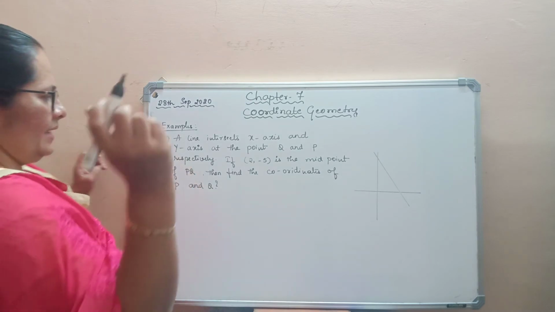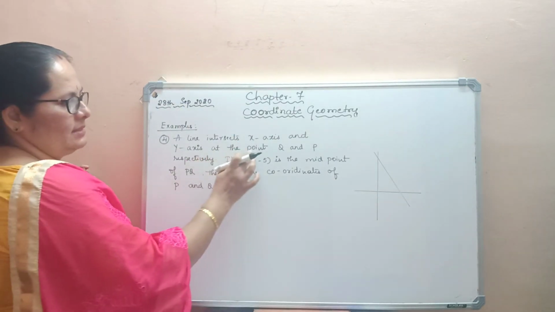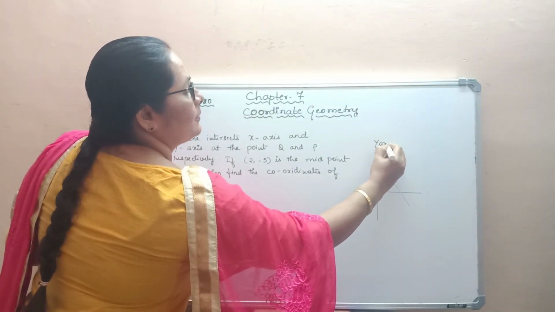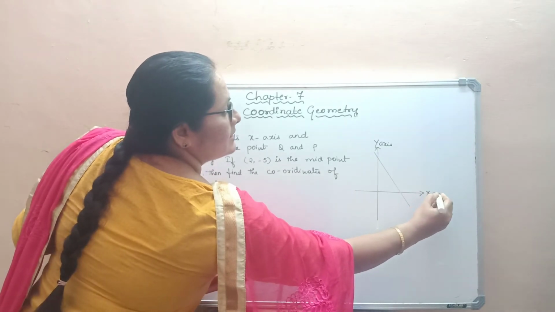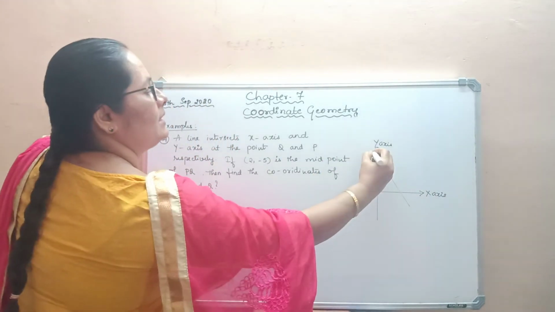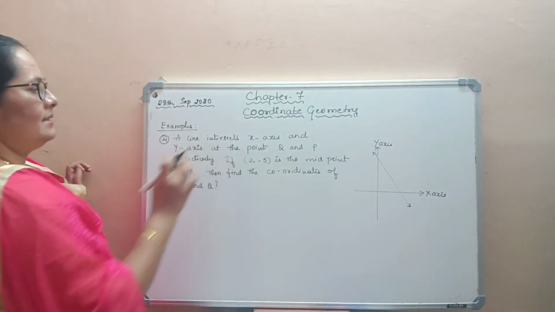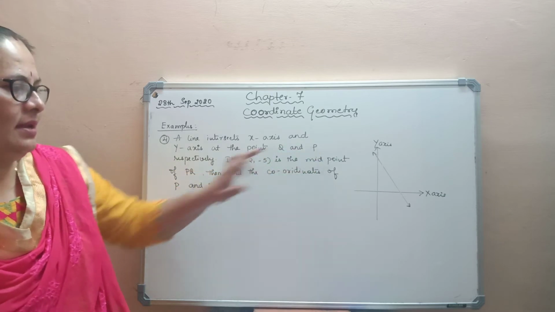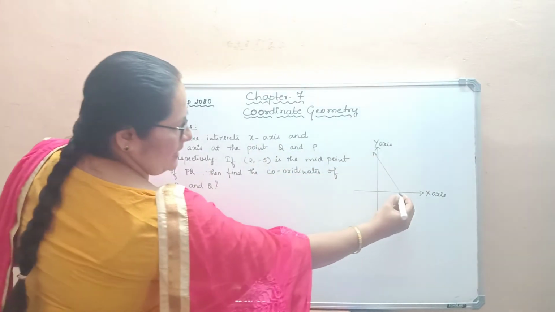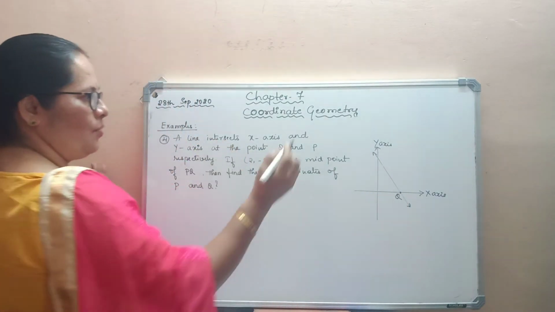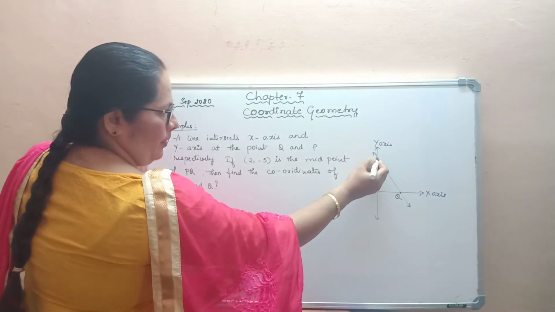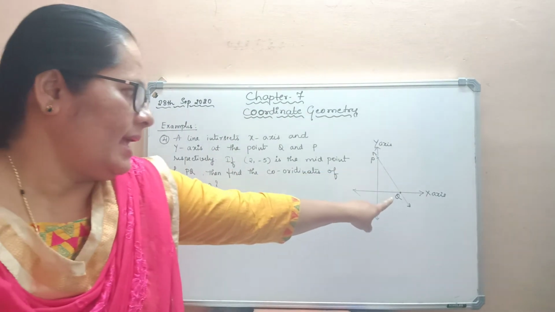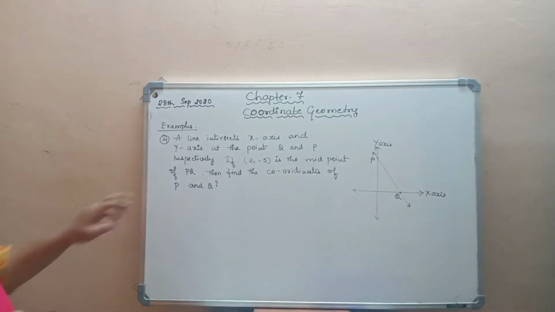A line intersects the x-axis and y-axis at points. So this is the x-axis and this is the y-axis. See here, this line intersects the x-axis at point Q and the y-axis at point P. So PQ intersects the x-axis and y-axis.